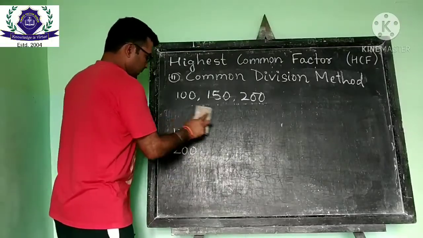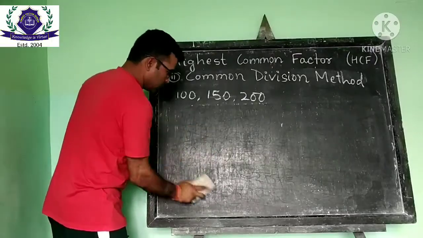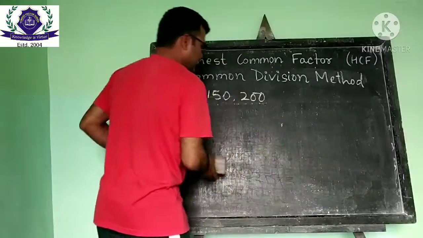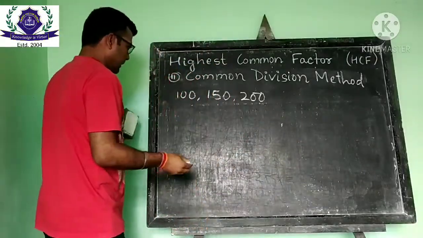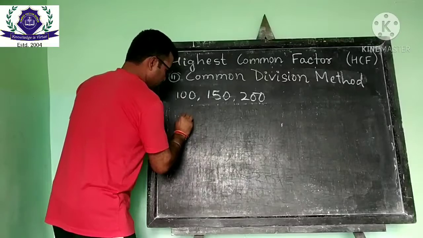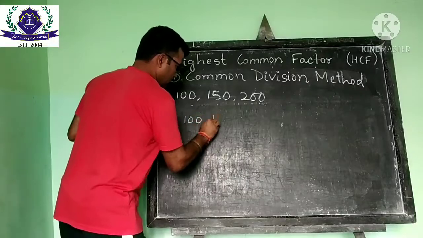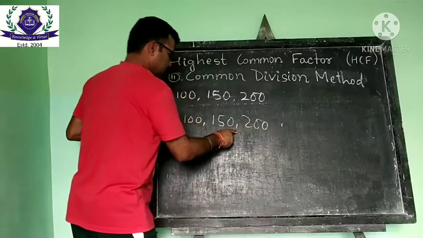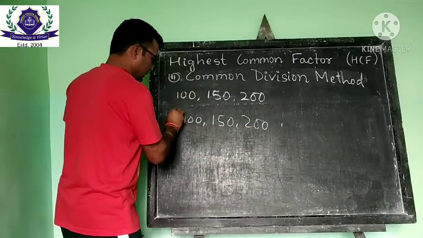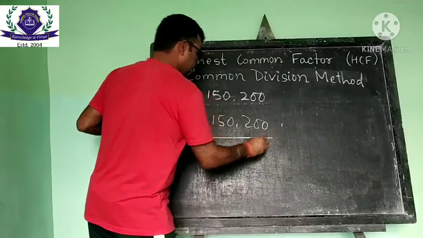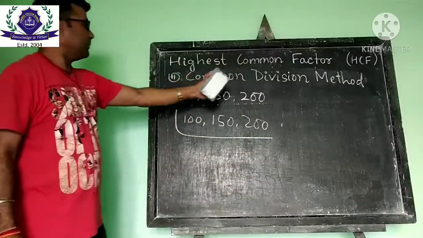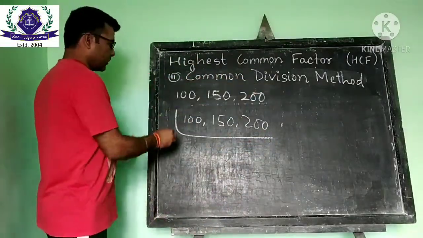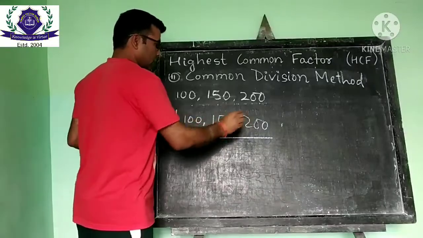So in this common division method, what you will do, we'll just write all these numbers in this form. Suppose 100, 150 and 200, just separating by commas, and then after, find the common division. That means a common divisor to all these.